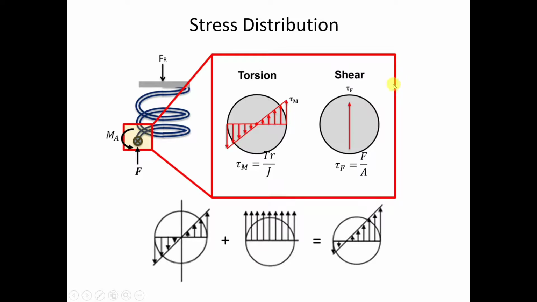Also, shear stress developed due to the force F will become F by A, where A represents its cross section and F basically represents the reaction force developed on that particular cross section area, and it always acts normally like this. So if you just add these two graphs, this one basically for torsion and this one basically for shear, you will come up with a figure like this.